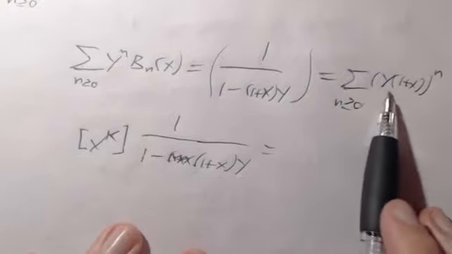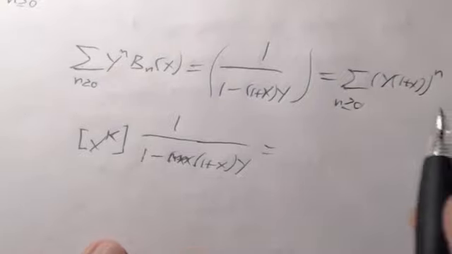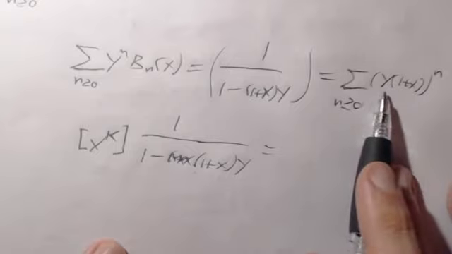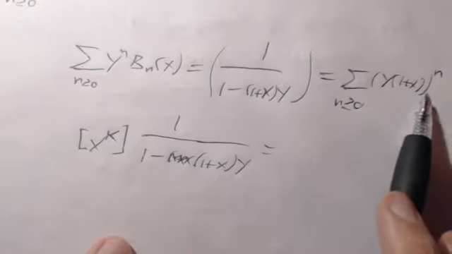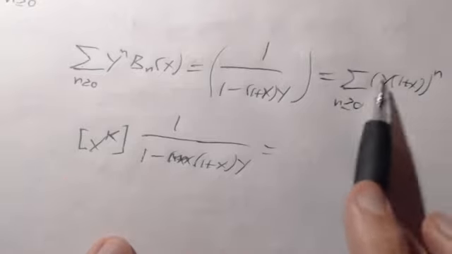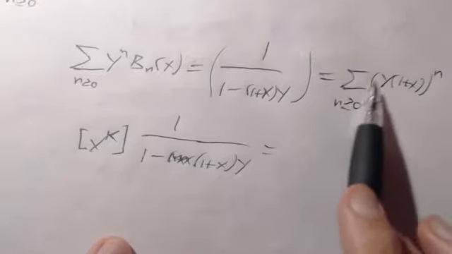So it's a geometric series with ratio y times (1 plus x). And this is no good for finding what the coefficient of x to the k is, because the coefficient of x to the k occurs in loads of different terms in this sum, and it's not very helpful.